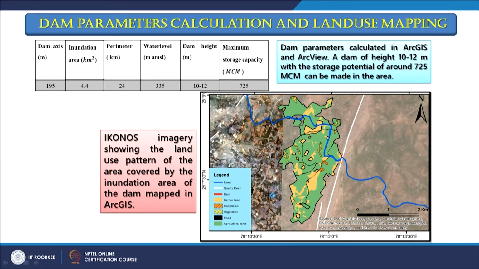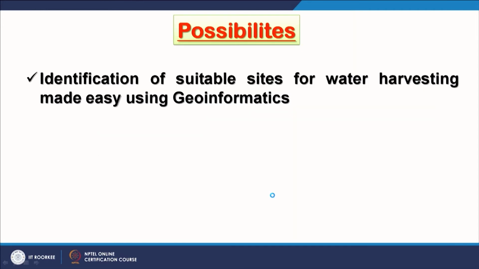In 2 years' time, it will start providing benefits. So, what are the possibilities? Identification of suitable sites for water harvesting has been made very easy using GIS or geoinformatics technology. Preliminary assessment can be done.